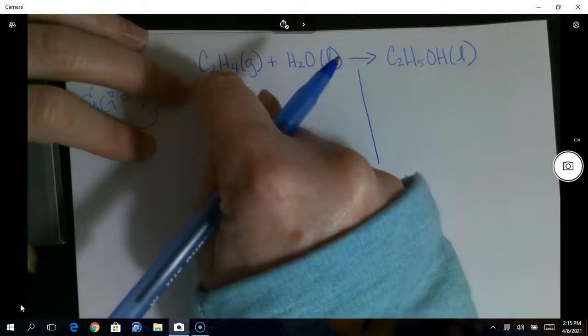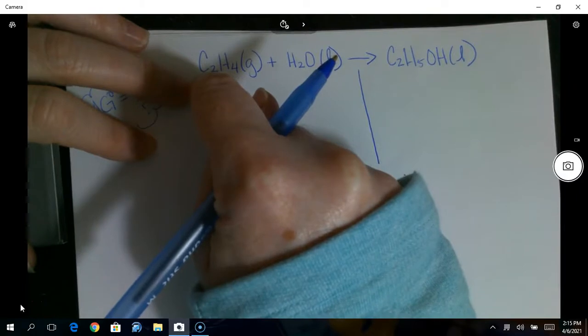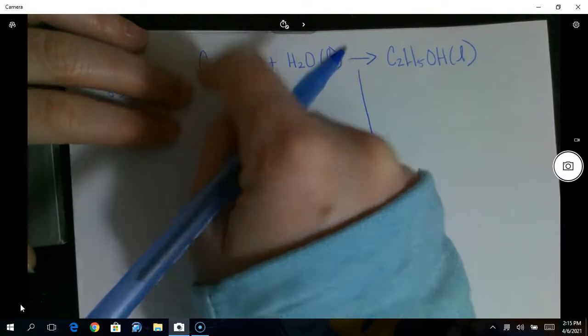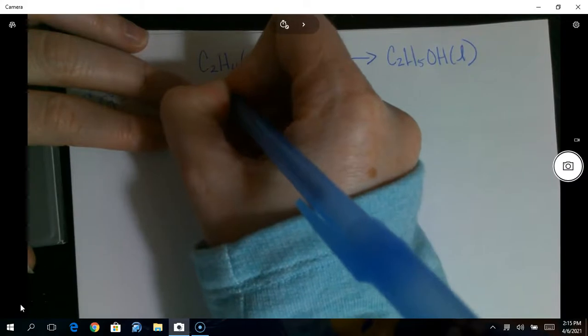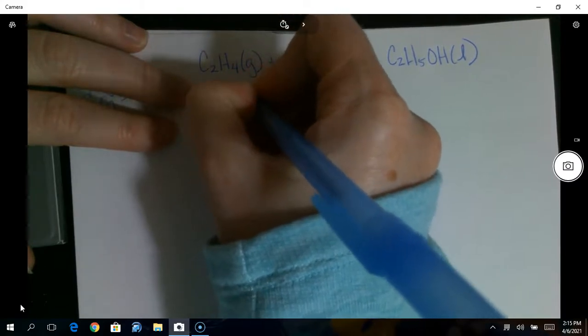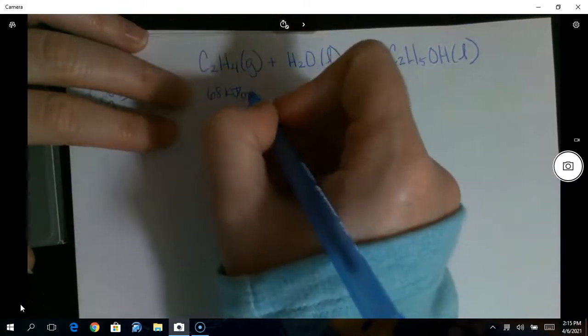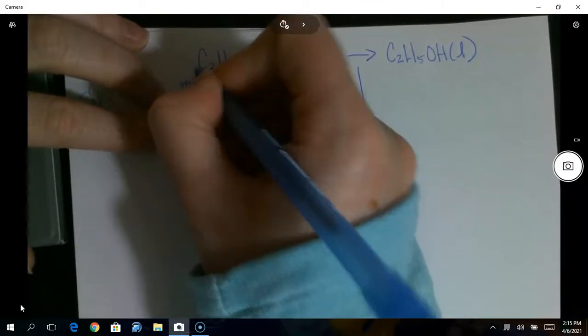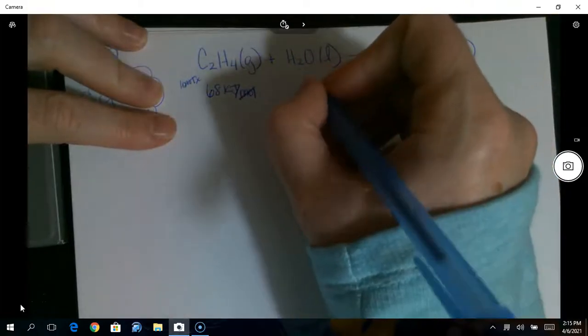So the Gibbs free energy of formation of C2H4 as a gas is 68 kilojoules per mole. But I only have 1 mole, so that's going to cancel, right? It's basically like saying 1 mole times, but I'm lazy and I don't want to do that each time. So I'm just going to get rid of the moles.